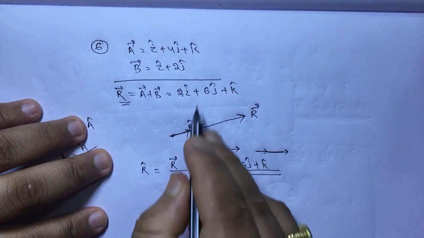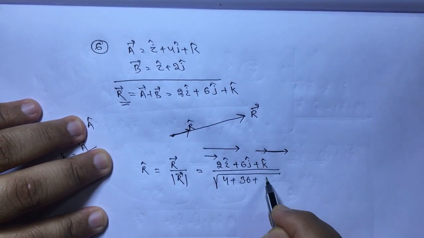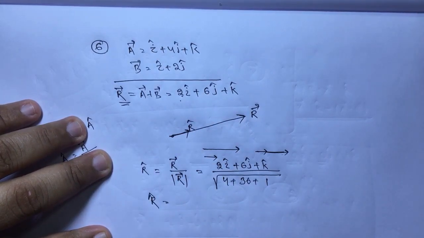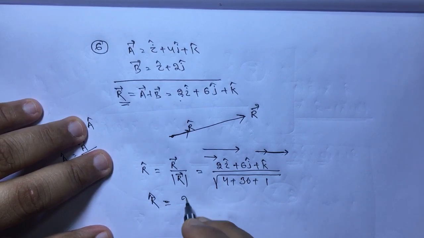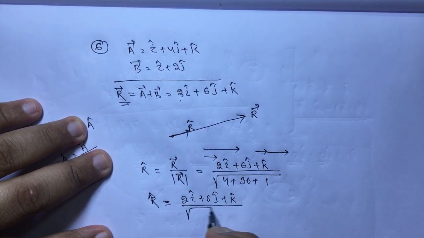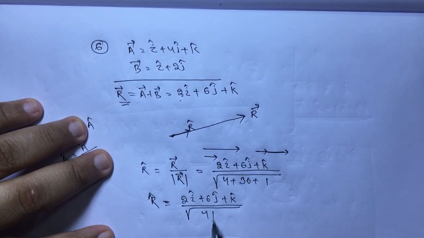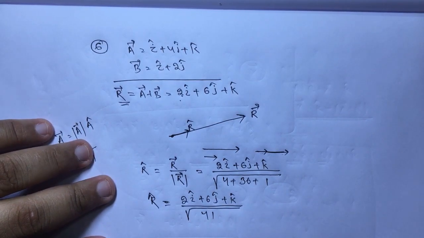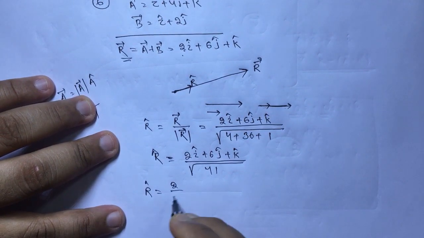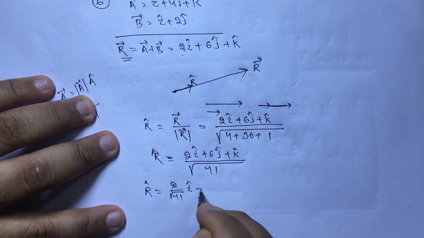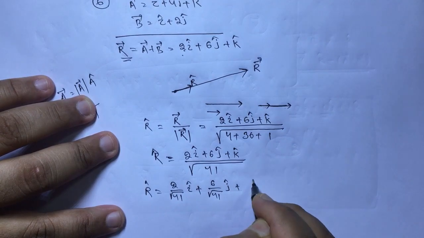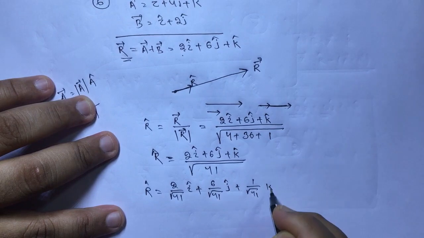Ax square plus ay square plus az square. 2 square, 6 square, 1 square. Okay. So I found that r cap equal to how much? 2i cap plus 6j cap plus k cap divided by root over of 41. You can write it like this, or you can write it like this. R cap equal to 2 by root 41 I cap plus 6 by root 41 j cap plus 1 by root 41 k cap.